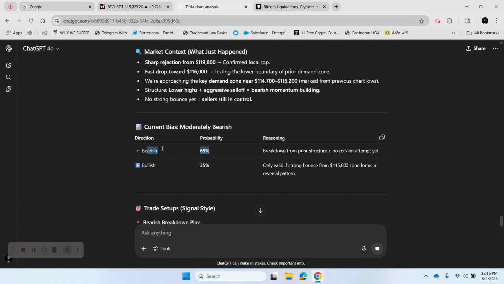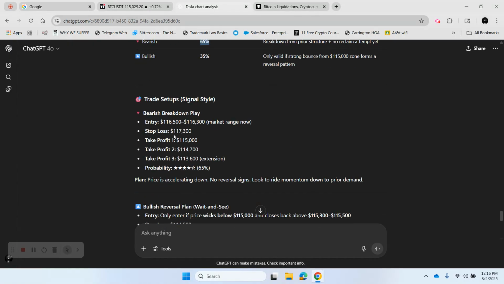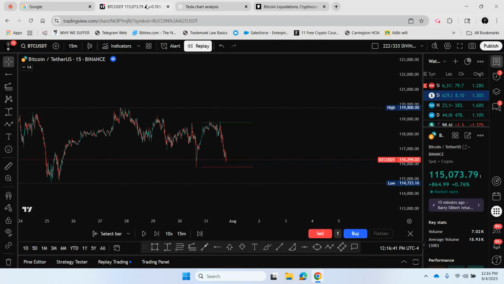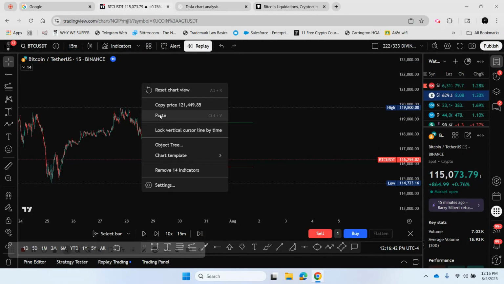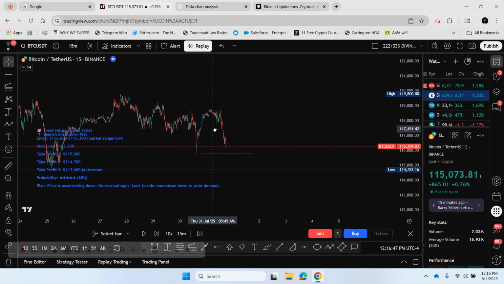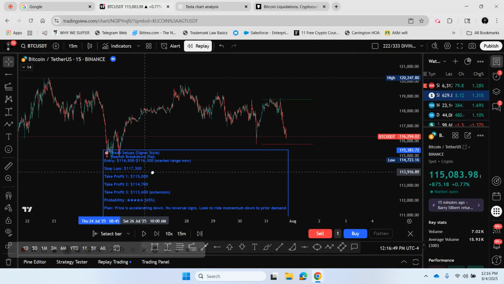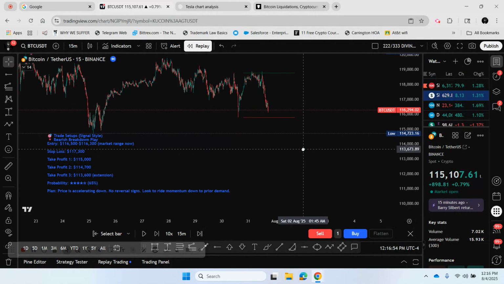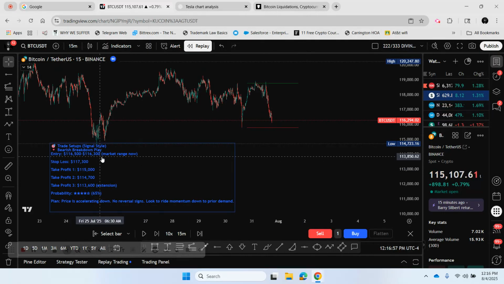So it said bearish probability 65%. Okay, now it's looking good. So here's the setup. We've got a bearish setup, entry 116,500 to 116,300.